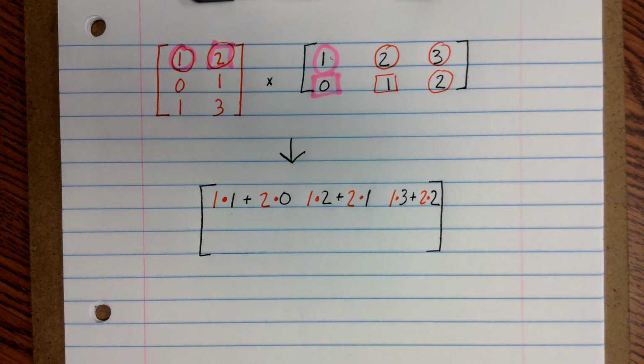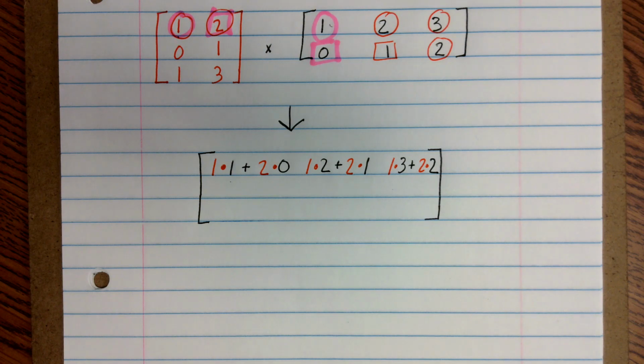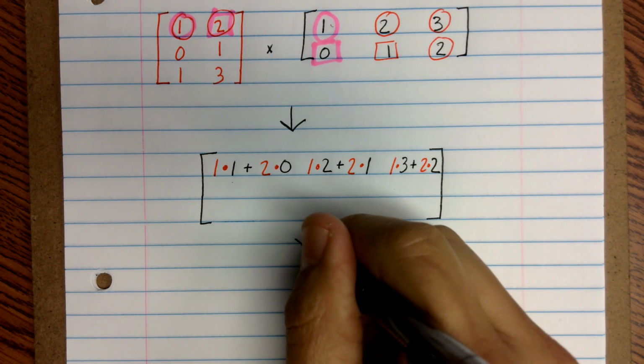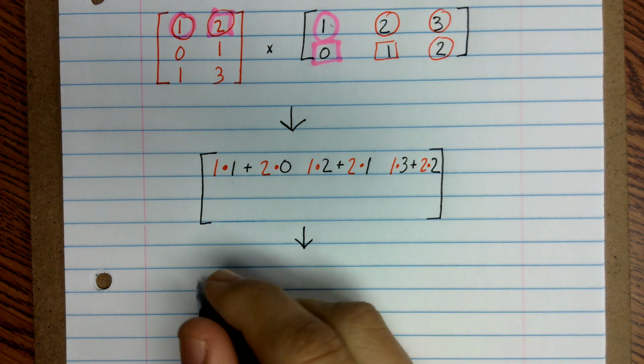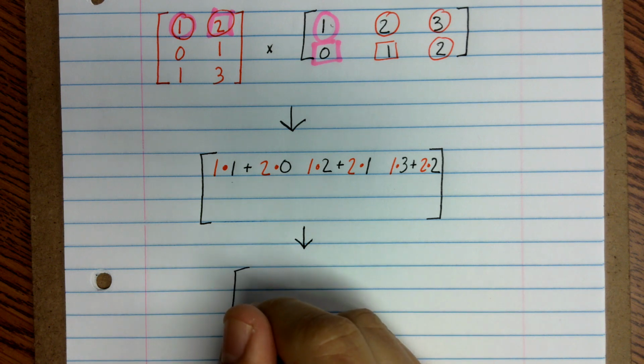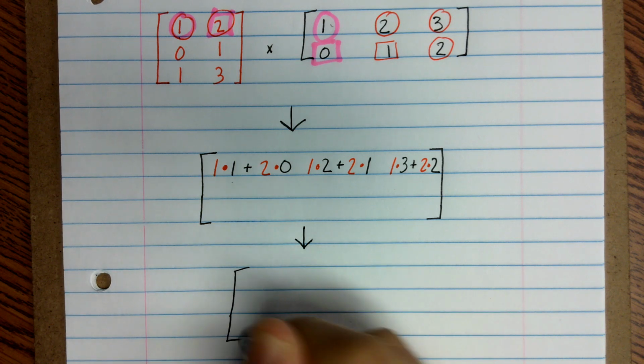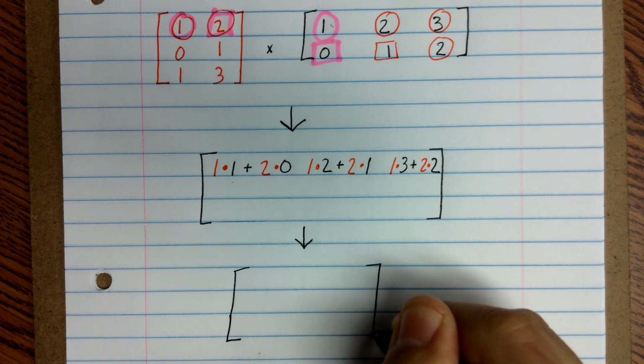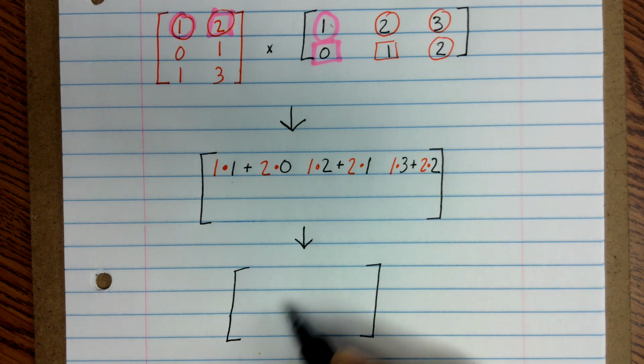Now, at this point, I'm going to move it up a little bit, and I'm going to draw an arrow. So when we get through with this, basically what we're going to have is an answer that has 3 columns and 3 rows.